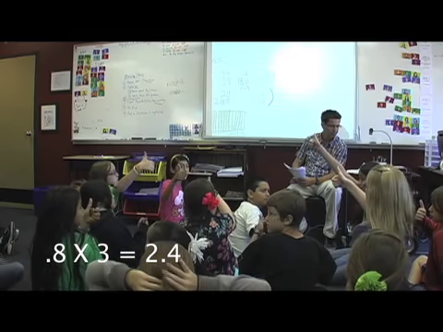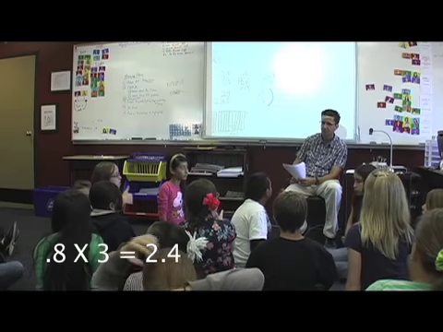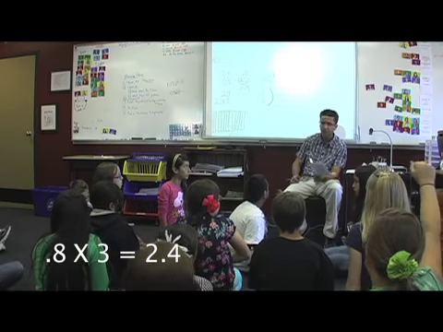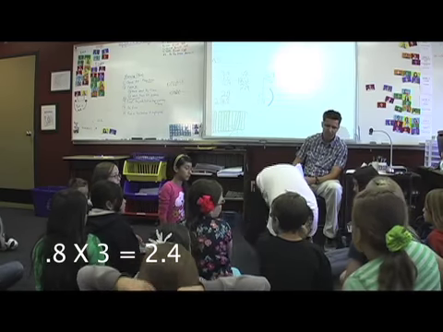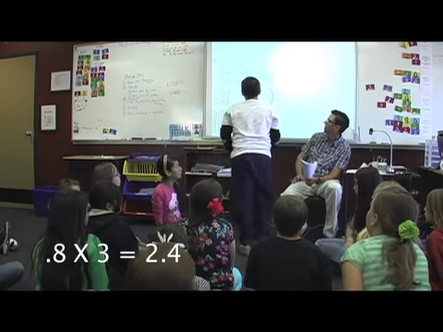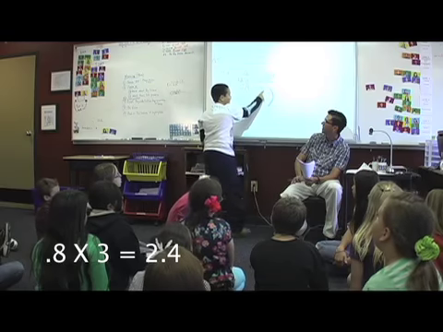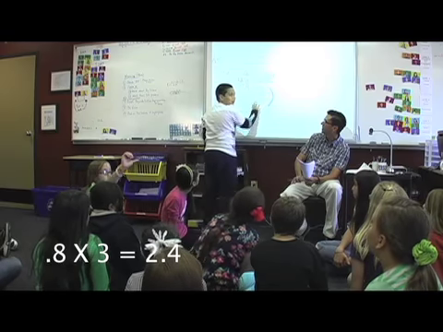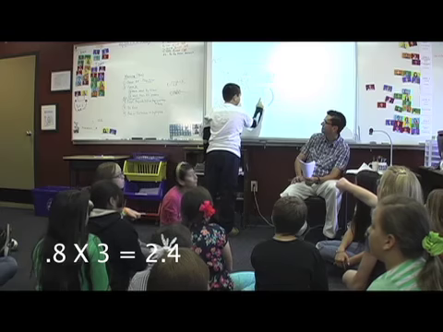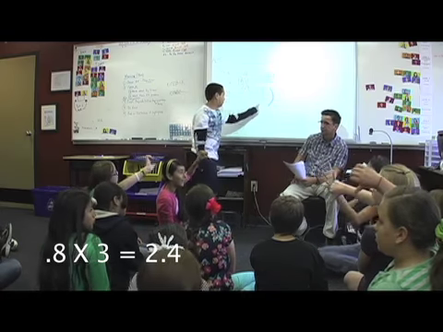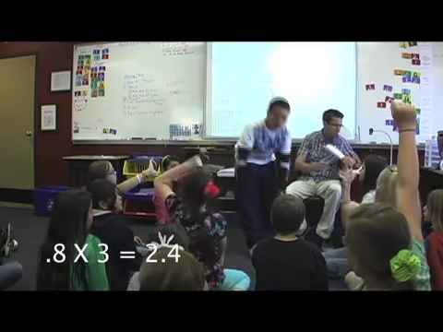Okay, go Victor. Explain it. No, because the decimal point right there makes any number that gets multiplied go behind the decimal point right there. Okay, you can have a seat.